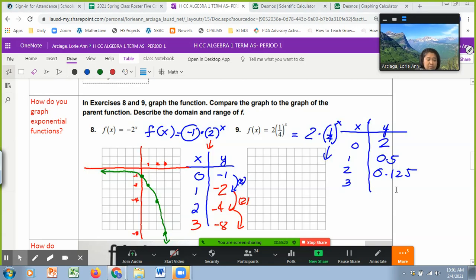And then 0.125 divided by 4. Okay, so 0.03125. I don't have a calculator, so I'll go 2 over 4 is 1/2, over 4 is 1/8, over 4 is 1/32.